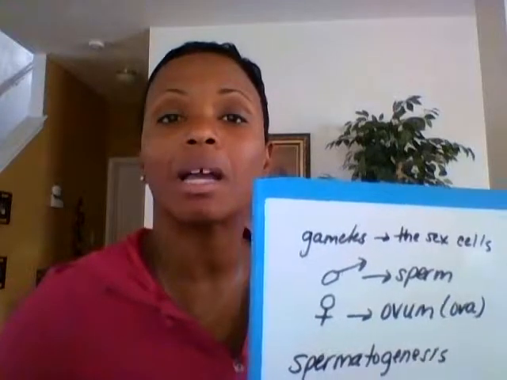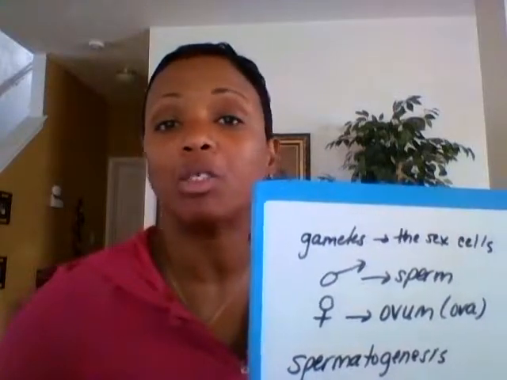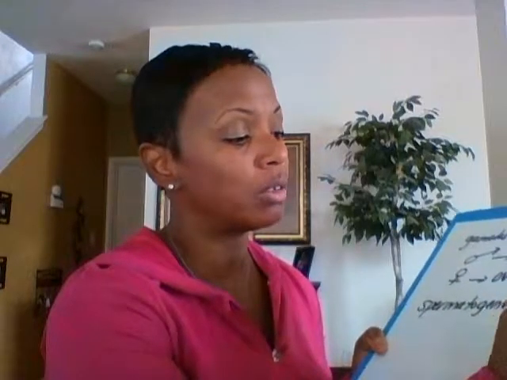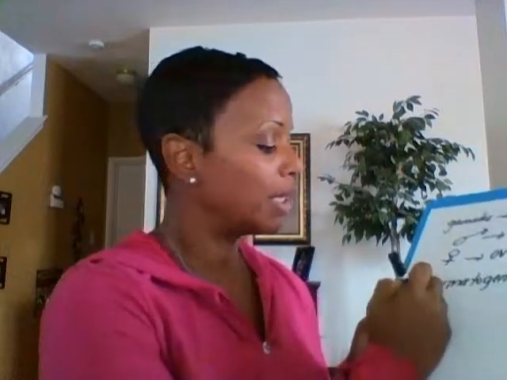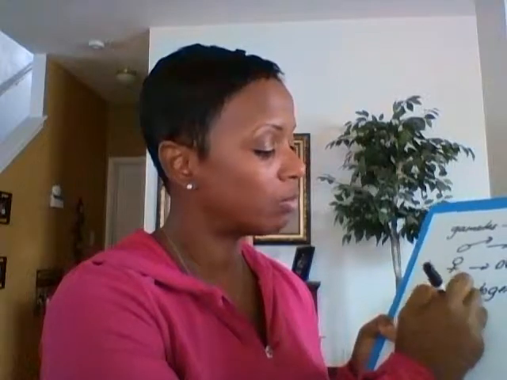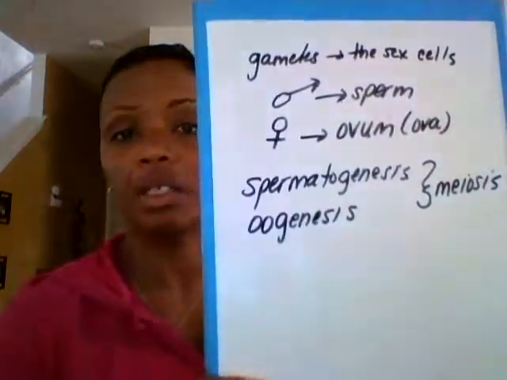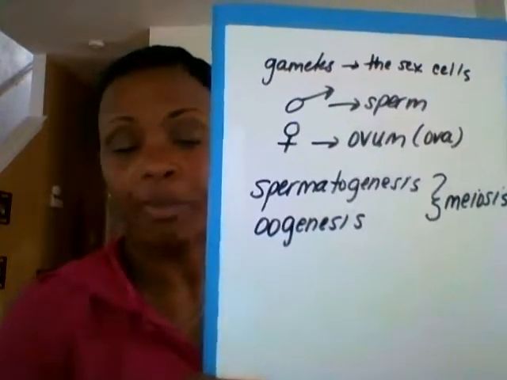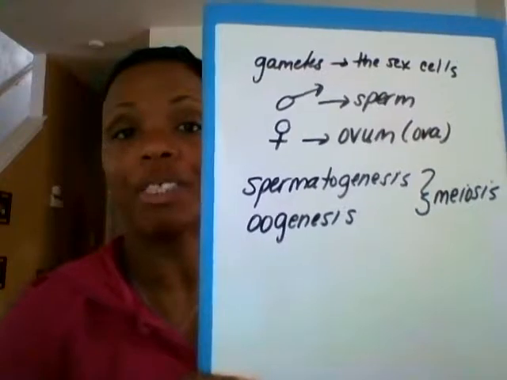And at that time, I indicated to you that the gametes, or the sex cells, actually underwent another process. Cellular division in the sex cells is called meiosis. But it's different in both the male and the female. Meiosis is the division of the sex cells.